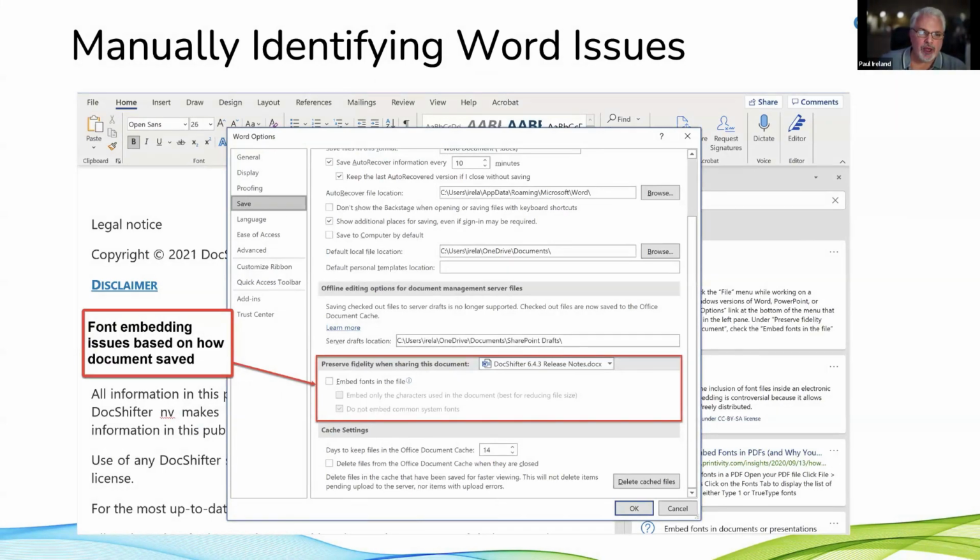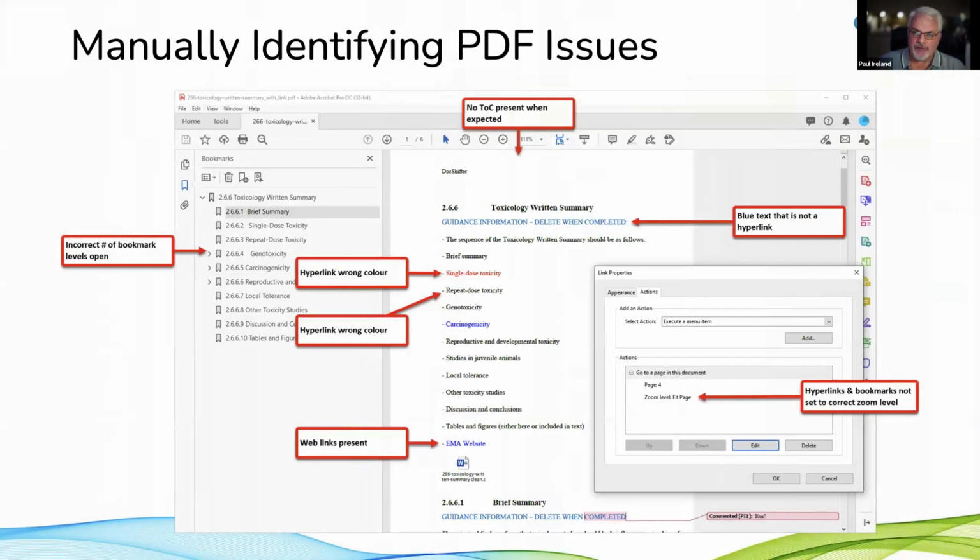Fonts not embedded in the right way, so that once you get into the PDF itself, you may have a number of issues that you need to address, whether the tables of contents are included at the appropriate times. And again, there may be differences there as to when a table of contents is expected.